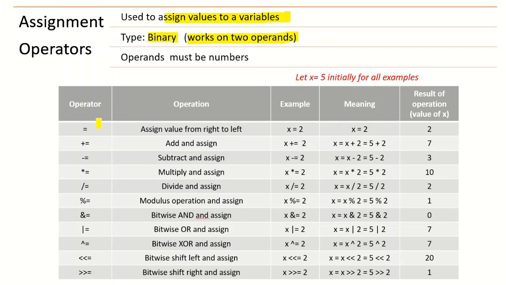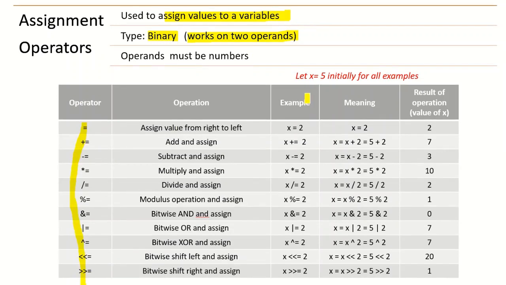So these are the operators, and for all these operations we have some examples also, and for these examples let x is equal to 5 initially. For all these examples we will consider x is equal to 5 initially.